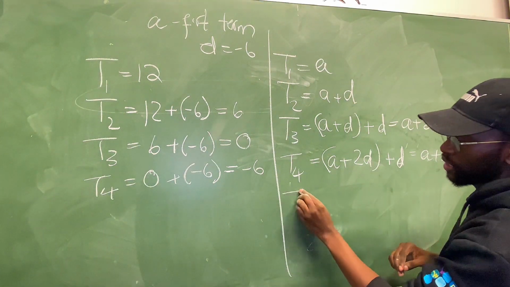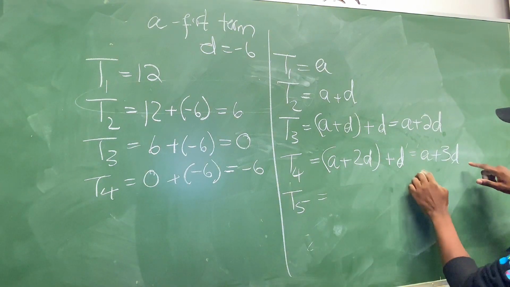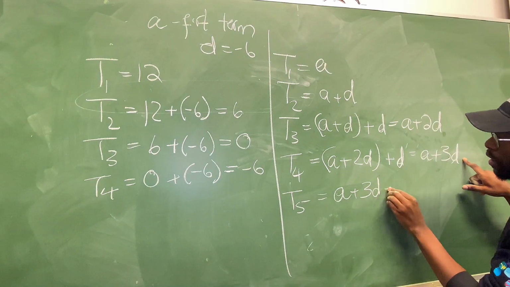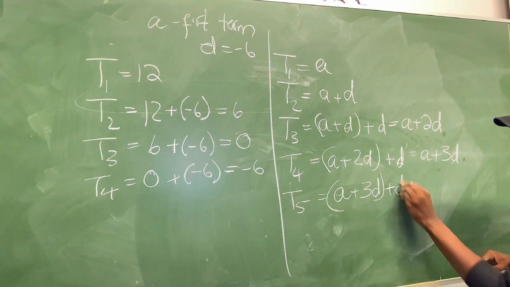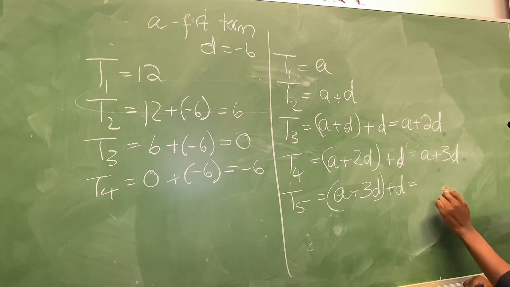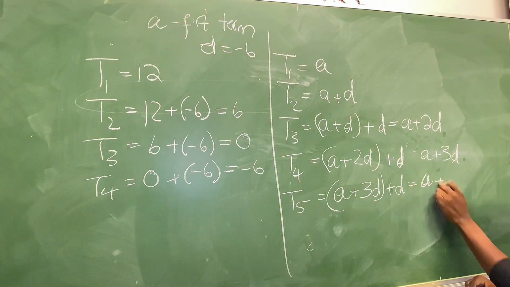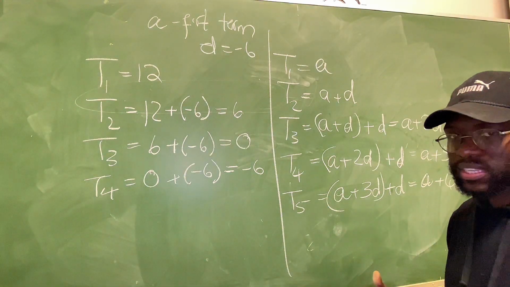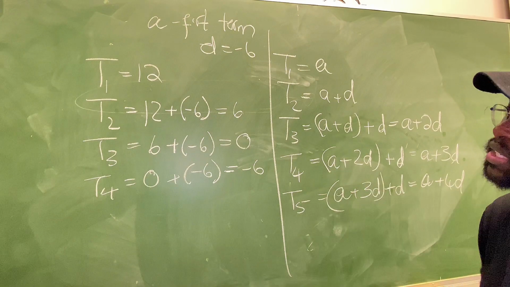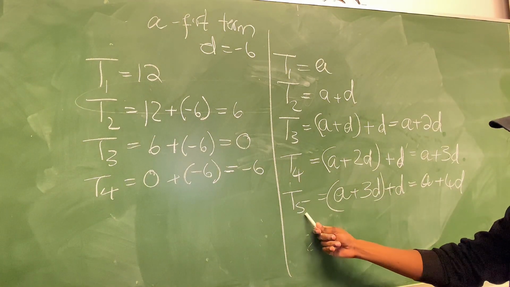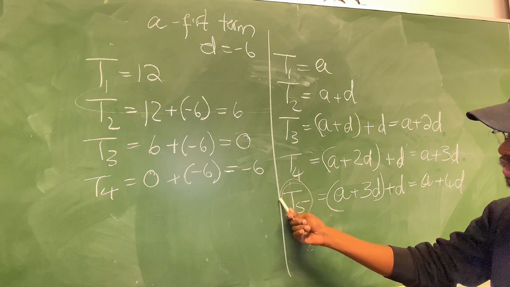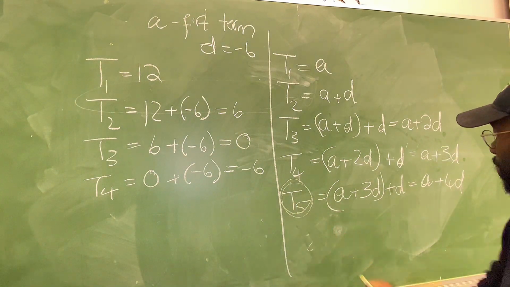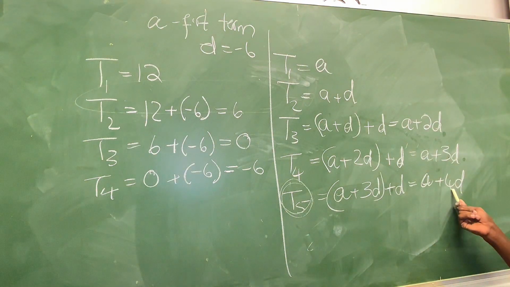Just for effect, let's find T5. T5, we take our previous value again, A plus 3D, plus our common difference, which will give us A plus 4D. An interesting pattern that you will see with this arithmetic sequence is that when you are looking for T5, using the notation, our T5, you will get A plus 4D.